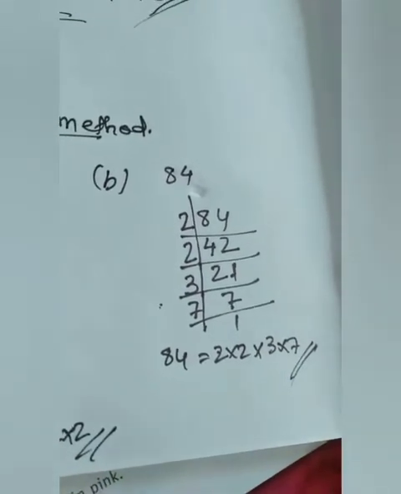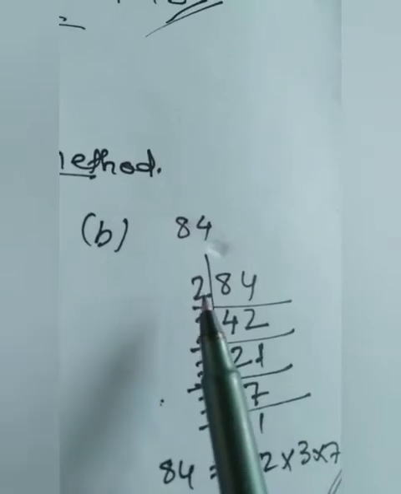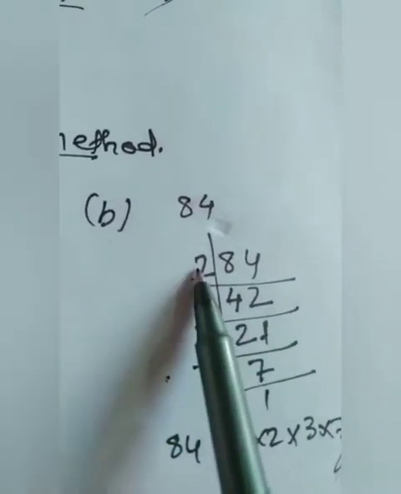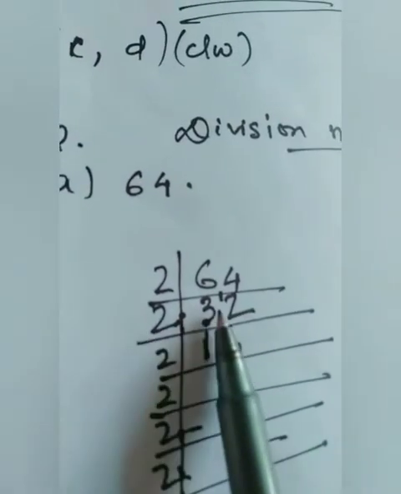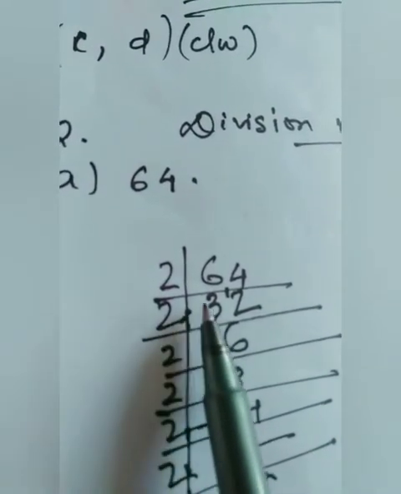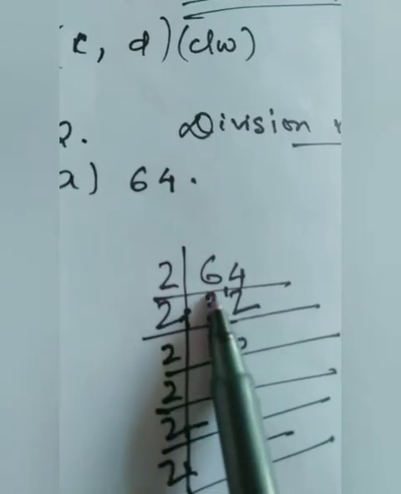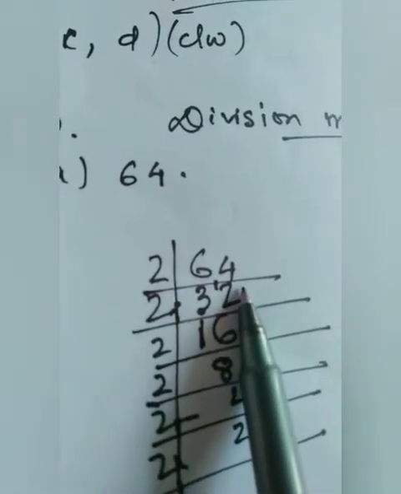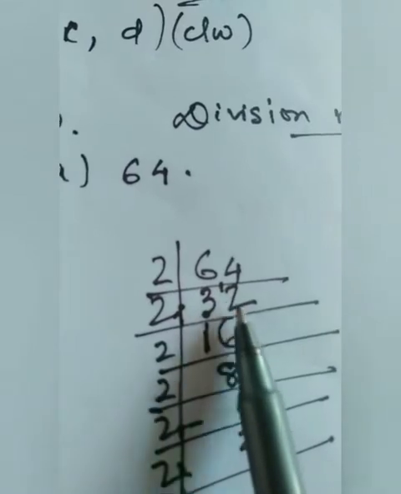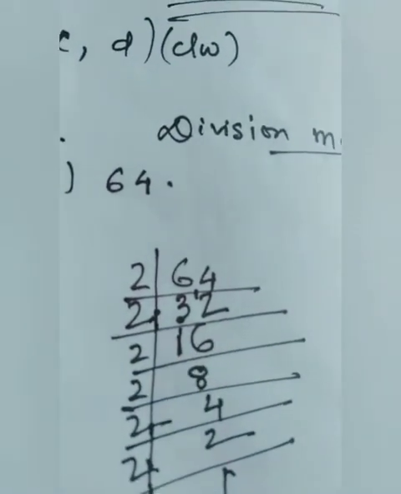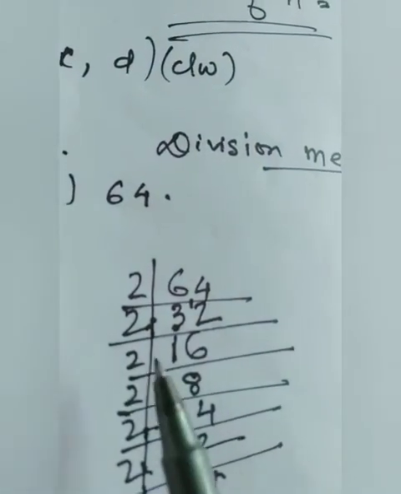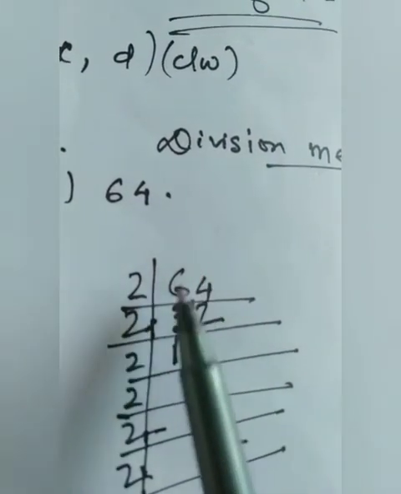See, very simple, right? With a bigger number, this is how we did it: 2 4s are 8, 2 2s are 4, so 2 42s are 84. This way you can find out. Here also look: 2 3s are 6, 2 2s are 4, like that. Next also 2 2s can fit, so 2. But 3 was too much, so we gave 2 1s are 2; 3 minus 2 gives 1. We gave this 1 to it and it becomes 12, right? So 2 6s are 12, that is how we did it. That means 2 16s are 32, that is how we found it. Okay, this is the technique we have to use while dividing a greater number.